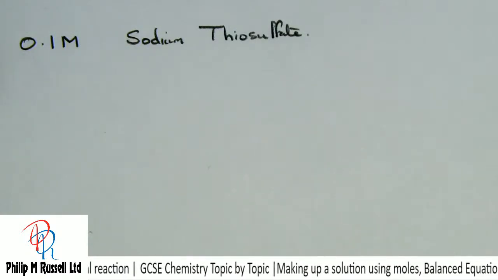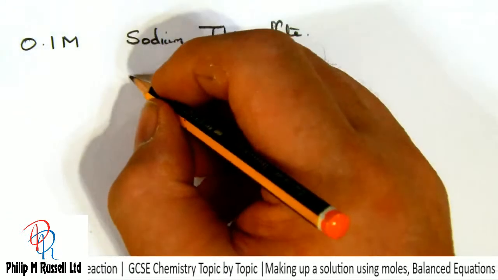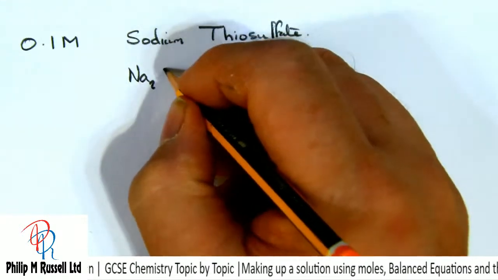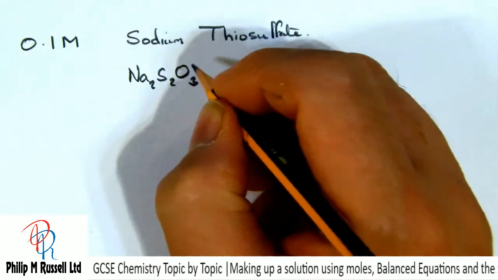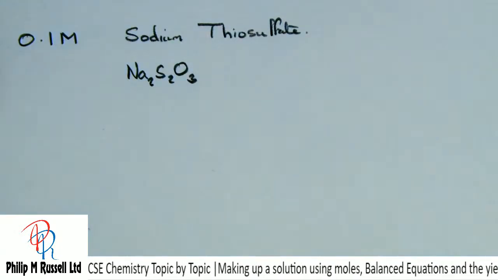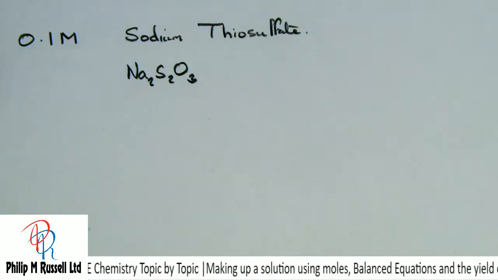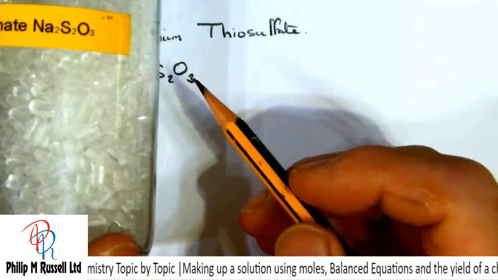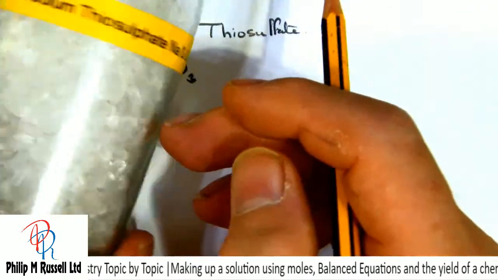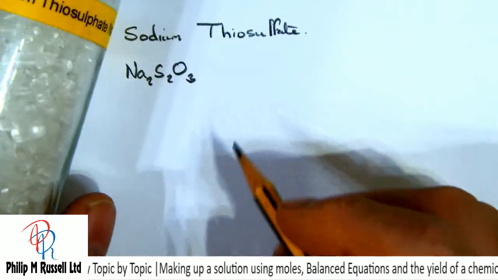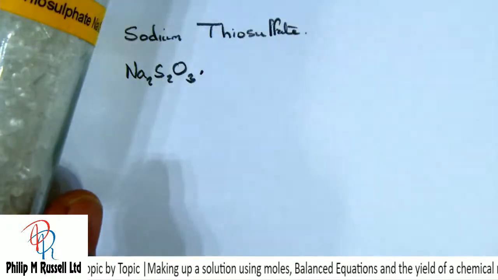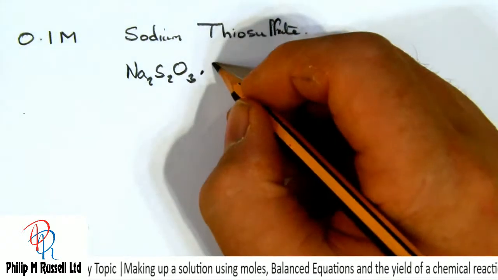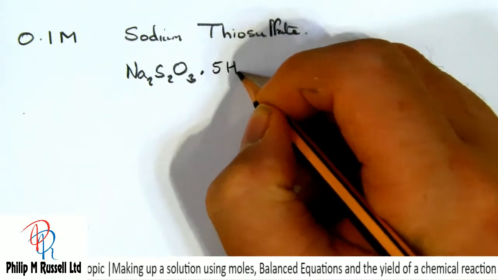And my formula of sodium thiosulfate is going to be Na2S2O3, and if I look at my thiosulfate, it looks like this, and these are hydrated crystals, so I need to look up the hydrated crystals of sodium thiosulfate, and I believe this is 5H2O.